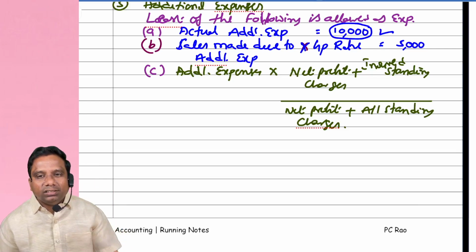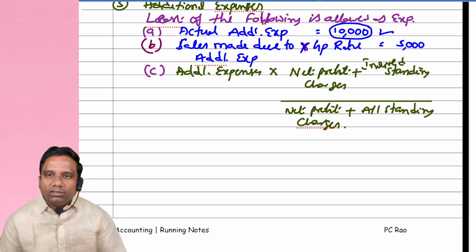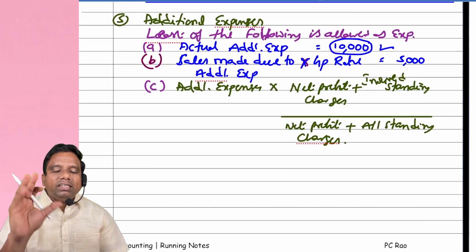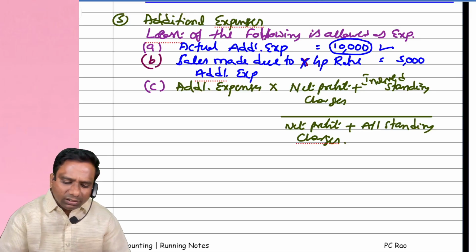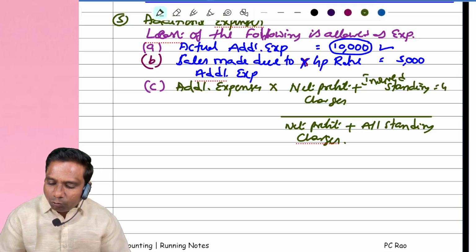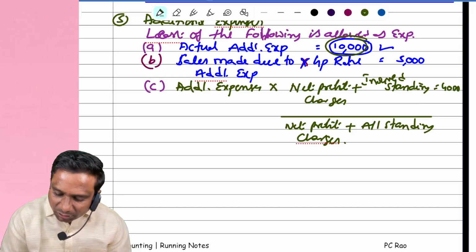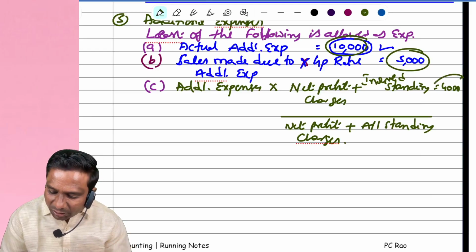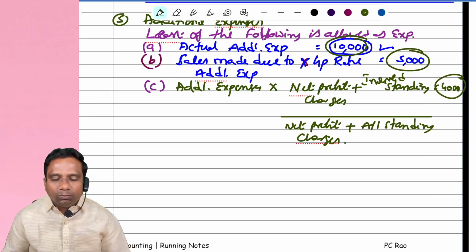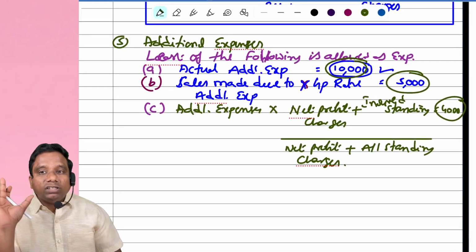All standing charges. So we take that proportionate amount, and let us say the proportionate amount is, assume some 4,000 rupees. Least of the following: 10,000 plus 5,000 or 5,000 or 4,000. Which is the least of the amount? 4,000 is the least of the amount.